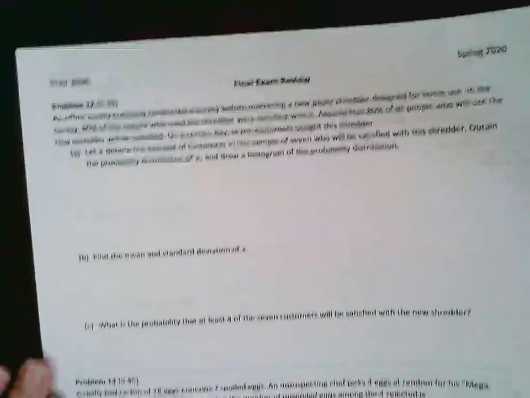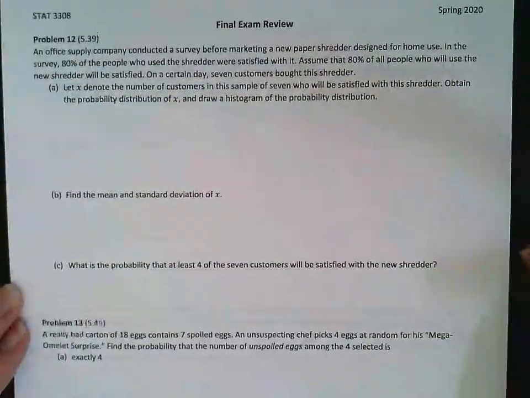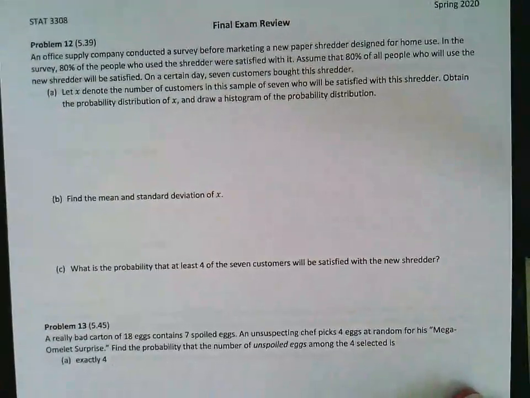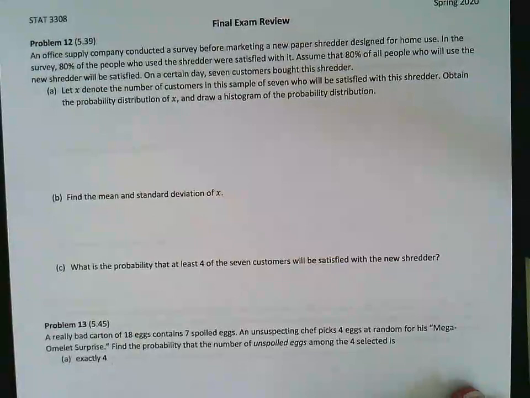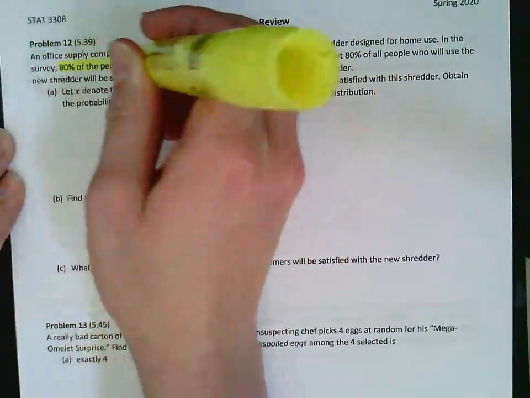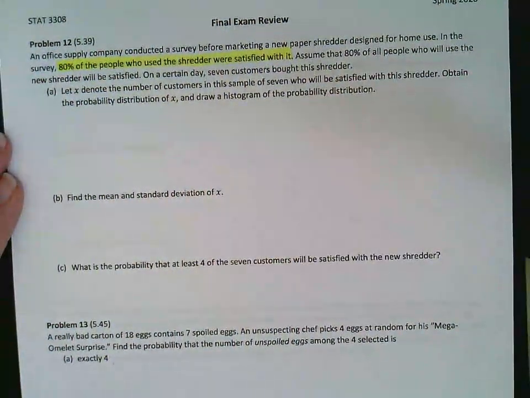All right, problem 12. Office supply company conducted a survey before marketing a new paper shredder. They say that in this survey, 80% of the people are satisfied. Assume 80% of all people who use the shredder will be satisfied.